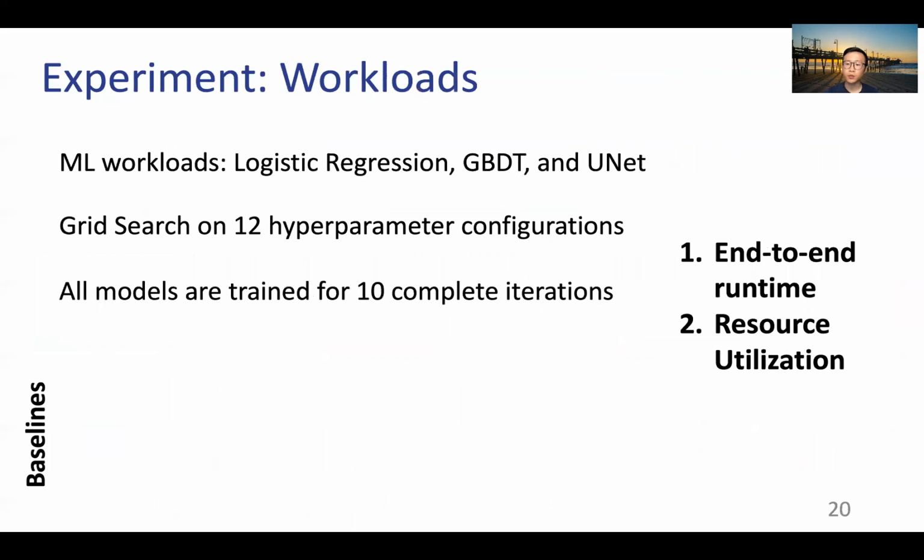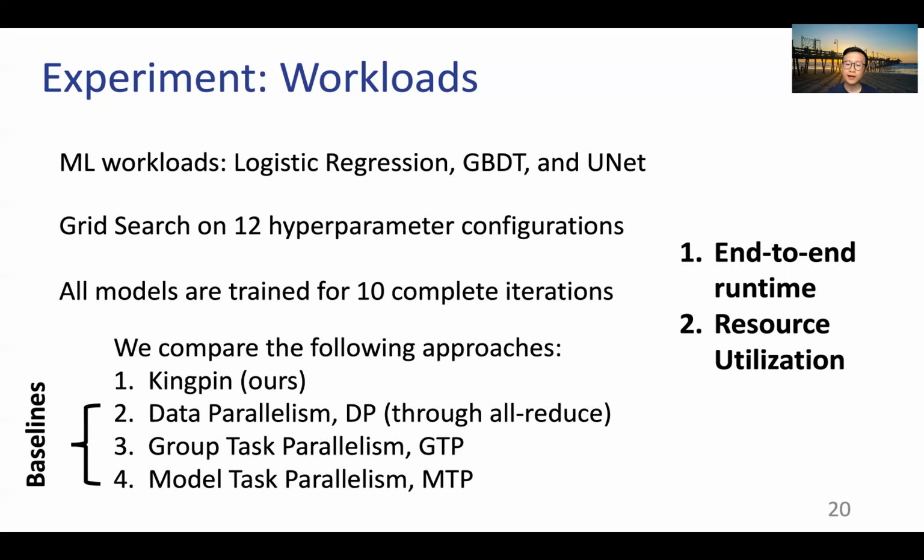For the experiment, we wanted to know how the runtimes of ML algorithms on real data in Kingpin compare with the alternatives. We look at two key metrics, end-to-end runtime and resource utilization. We run 3 ML workloads, logistic regression, GBDT, and UNet, for 12 hyperparameter configurations. We train all models for 10 complete iterations and perform post-hoc analysis.